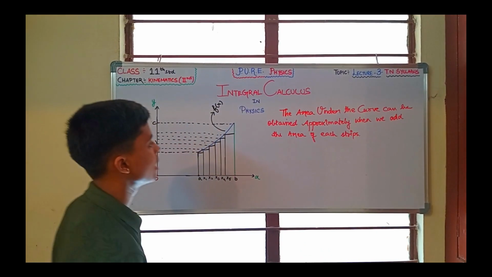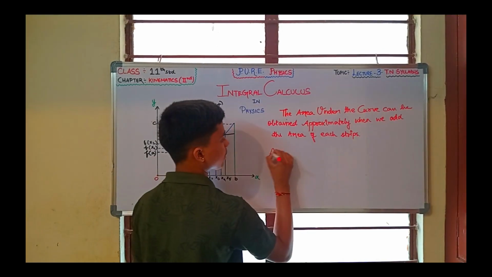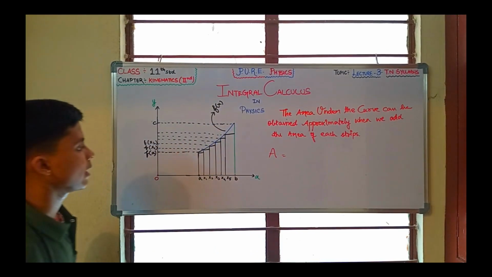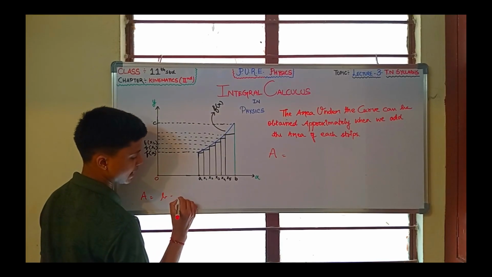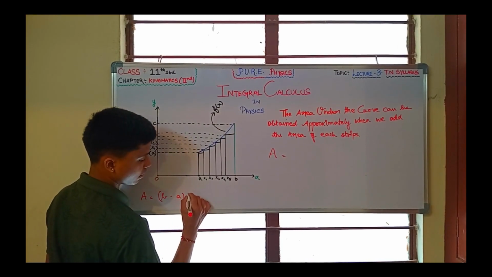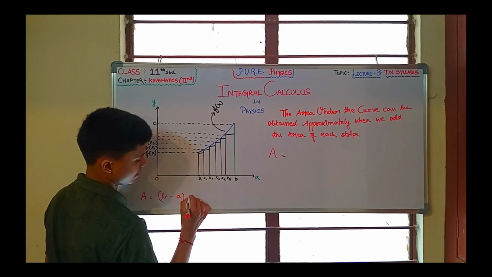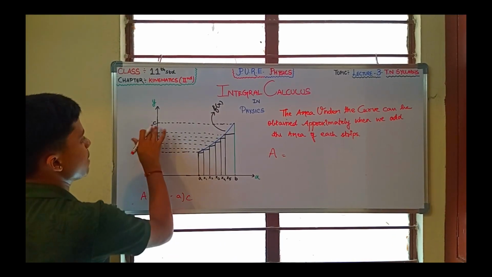That is, I'll take area A is equal to, now I saw that the area is equal to B minus A into, uh, C, right? This is my point C.